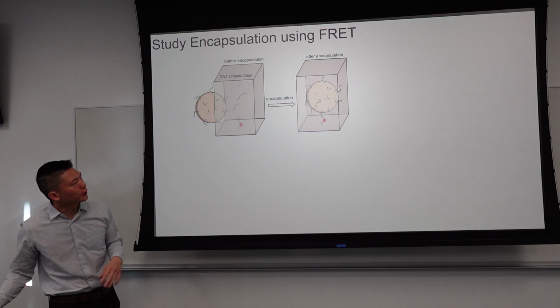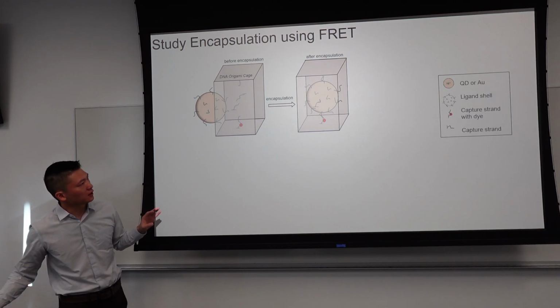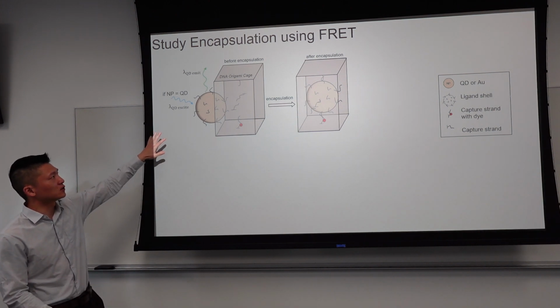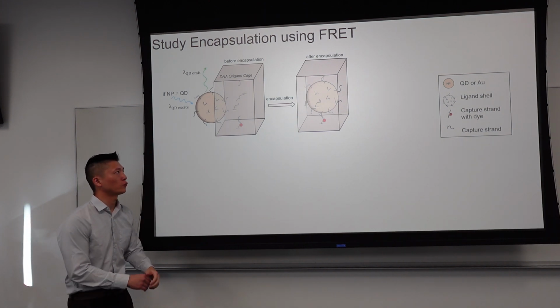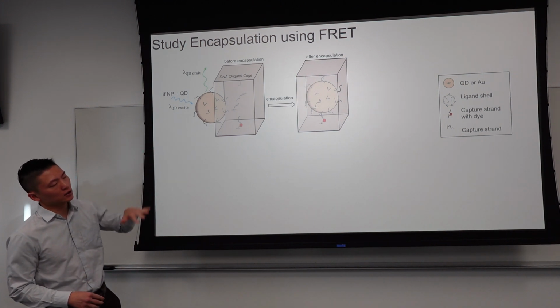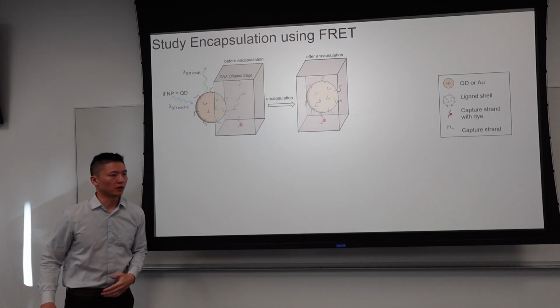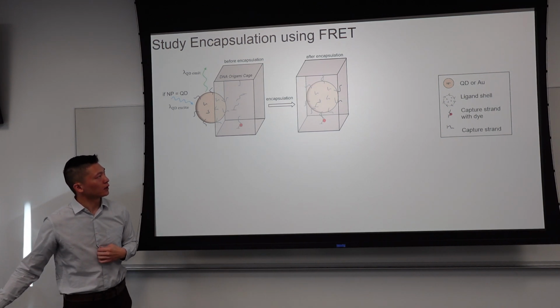And we can study this using two methods. Here I show the key just in case it's confusing, but one of the methods is, if we use a quantum dot nanoparticle for encapsulation, we can initially excite the quantum dot because it fluoresces, and we would see it emit in the green for our particular quantum dot.